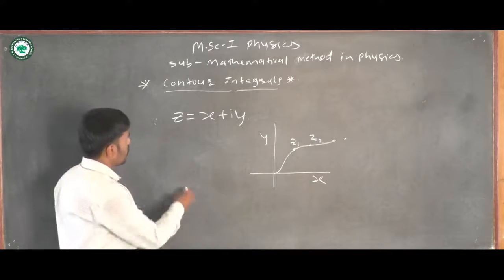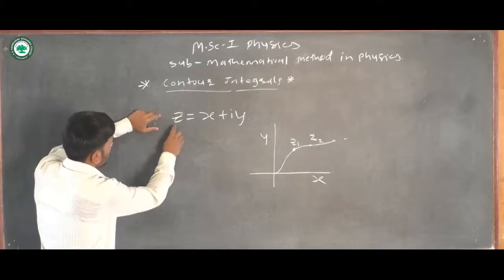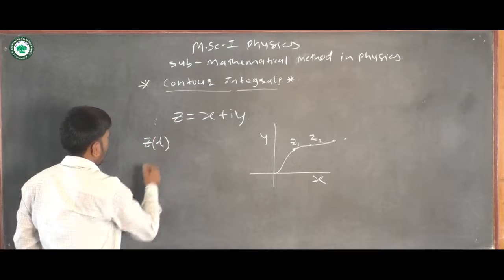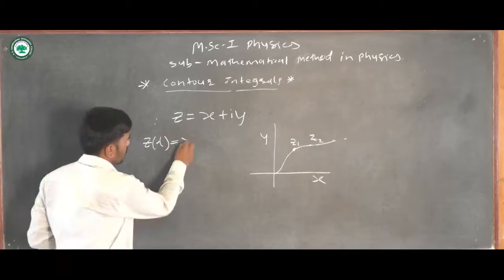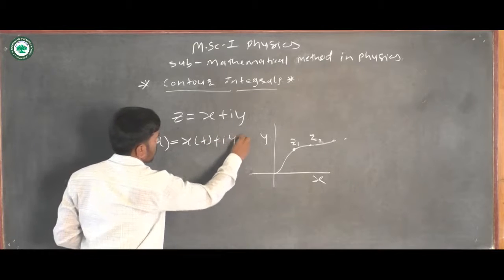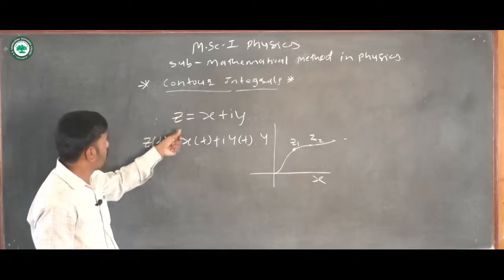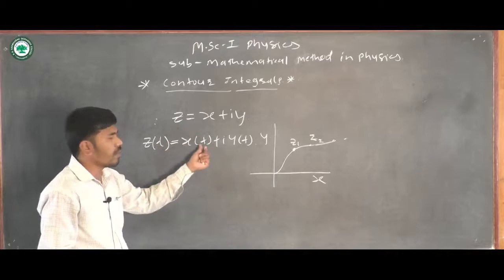If I write z as a function of t, where x is also a function of t plus iota into y, which is also a function of t, then this entire expression depends on t.